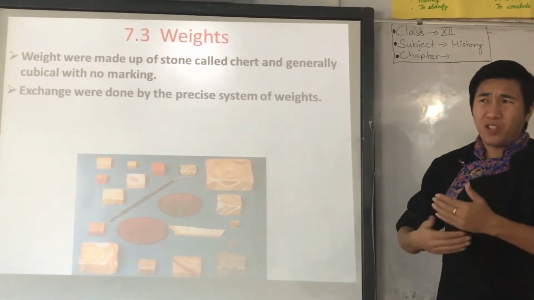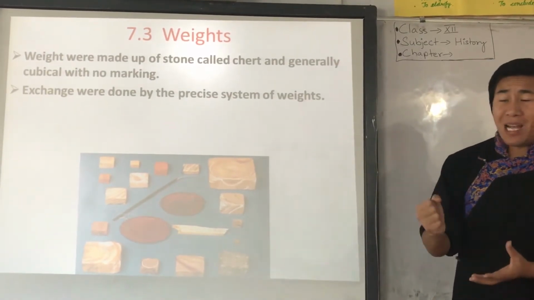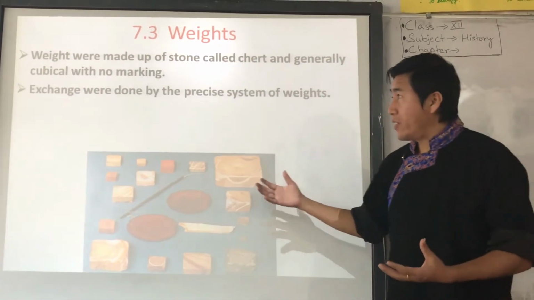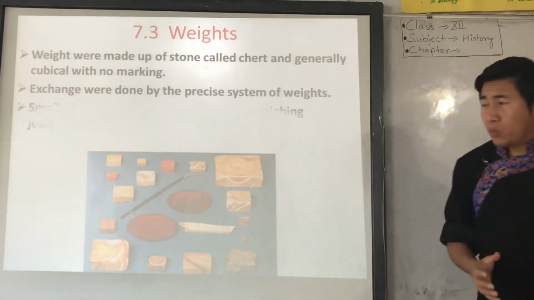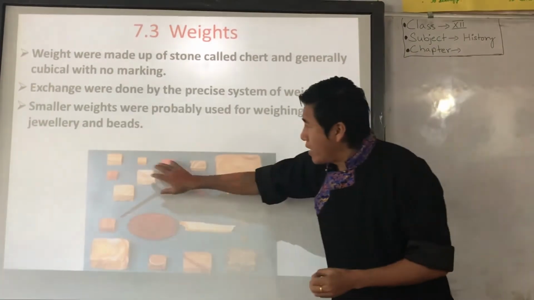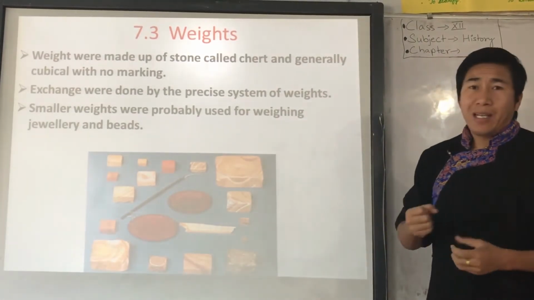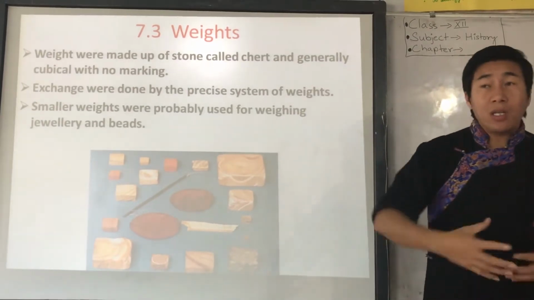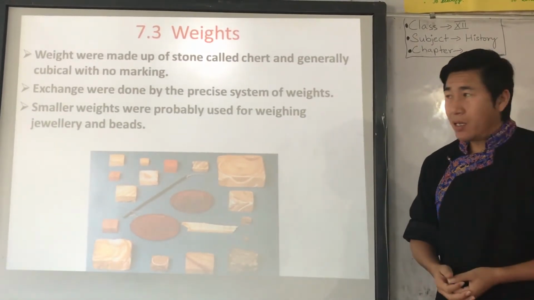Business or exchange was done with this precise, proper weight system at the time. See how interesting it is. Most of these small weights were used with the balance scale for jewelry and beads, and bigger weights were used for bigger products, maybe.